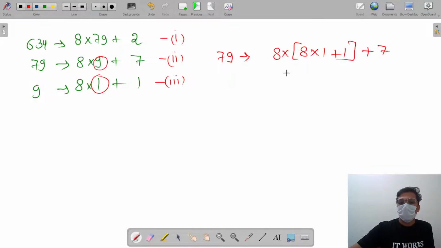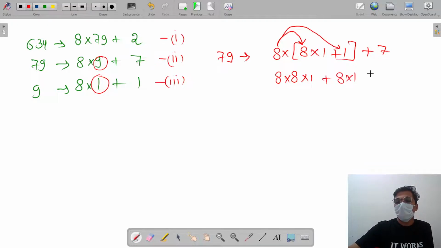So our expression is going to be 8 into 8 into 1. After multiplying 8 with this, we get our expression as 8 into 1, and at last we have 7. So our 79 can be written as 8 square into 1 plus 8 into 1 plus 7.